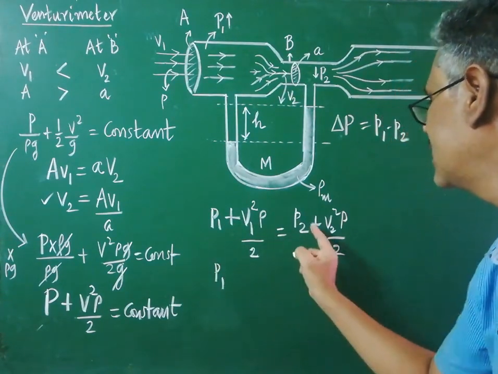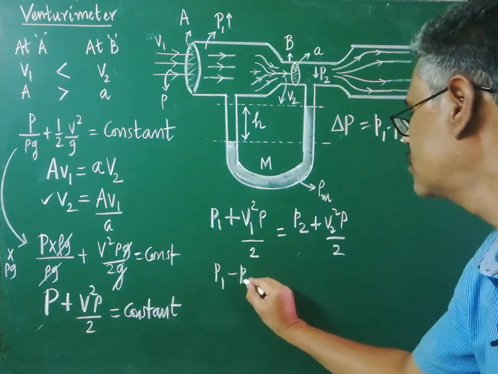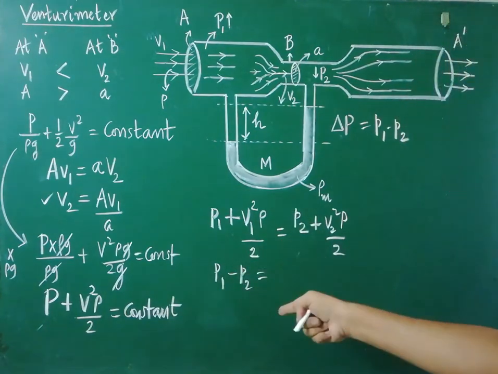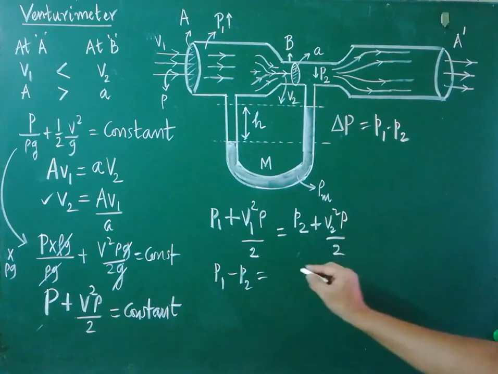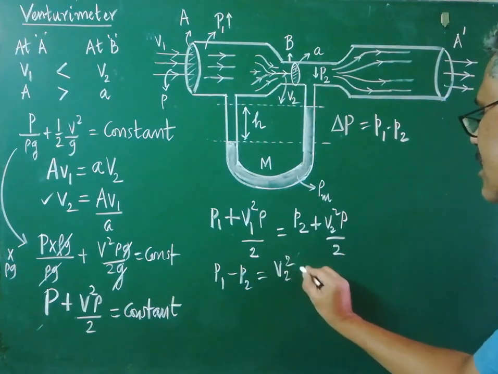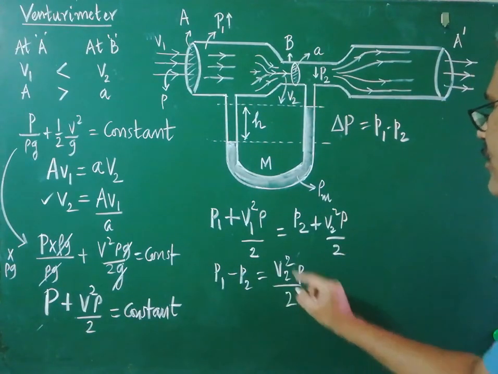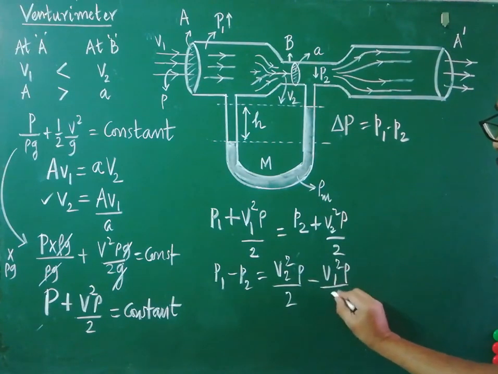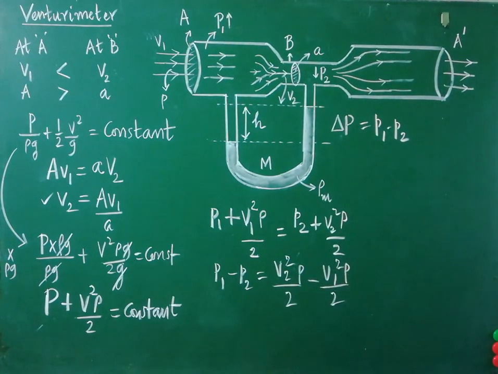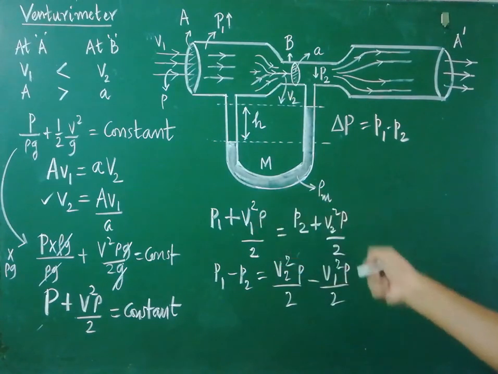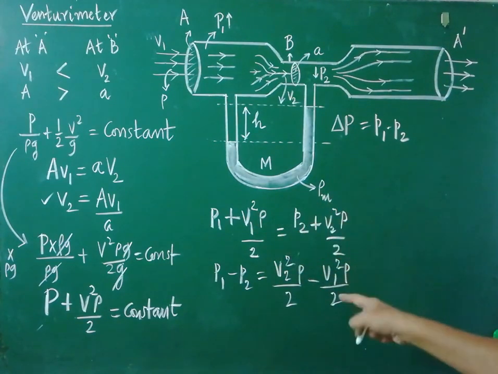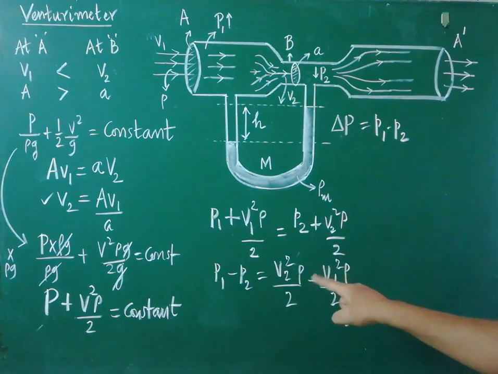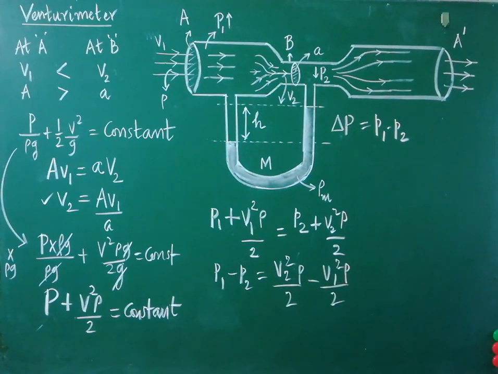P1, bring it here, minus P2. P1 minus P2, and bring this factor here: V2 square rho by 2 minus V1 square rho divided by 2. I have written it, is it clear? This factor is brought to this side, so automatically the sign must be changed. Understood?